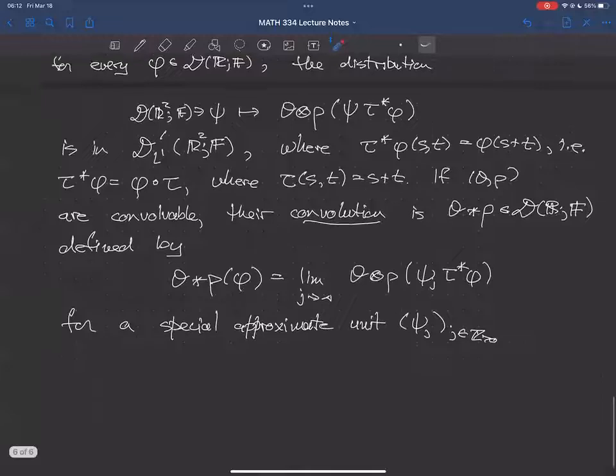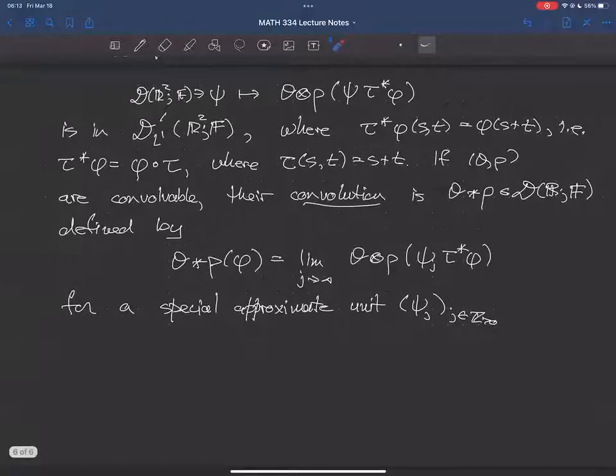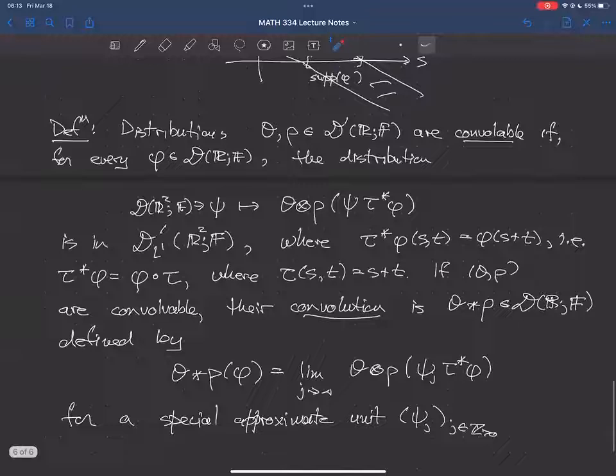I drew that kind of picture in one variable last time, so this is the multivariable generalization of that. So that is the convolution of distributions. Good.